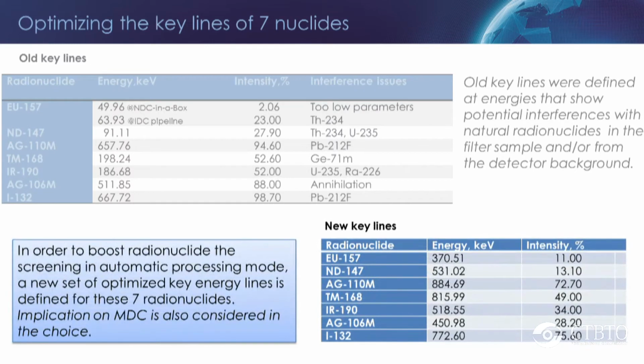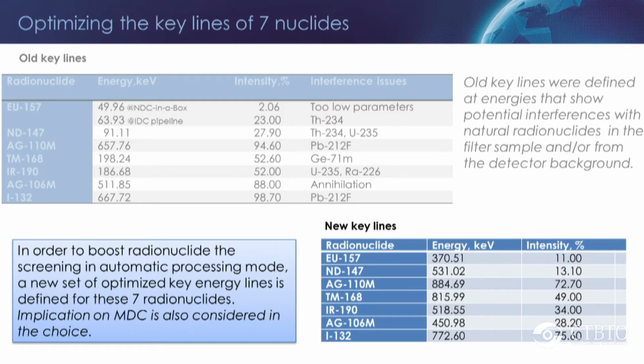Now these are the new key lines, which take the first criterion into account, but not only that. The way these new key lines are defined also takes into account the potential interferences with the natural radionuclides.